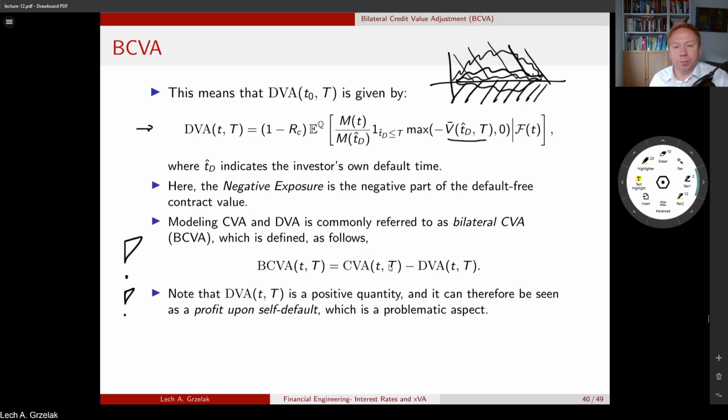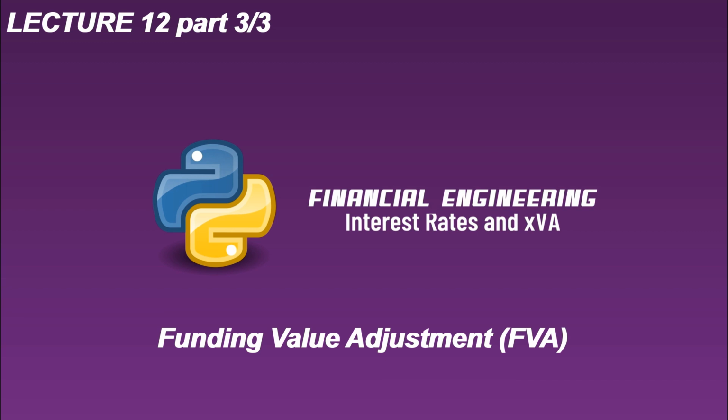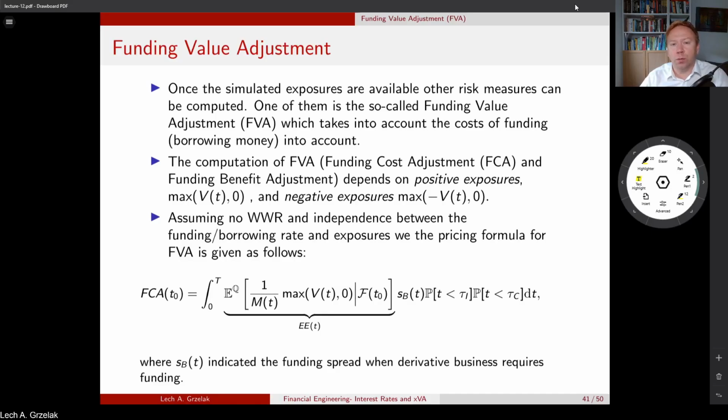So in order to evaluate efficiently those terms and assume independence between default probabilities and exposures, the methodologies for calculating either of them are exactly the same. Computation of exposures and expected exposures is really a vital element of calculations of xVA in general.